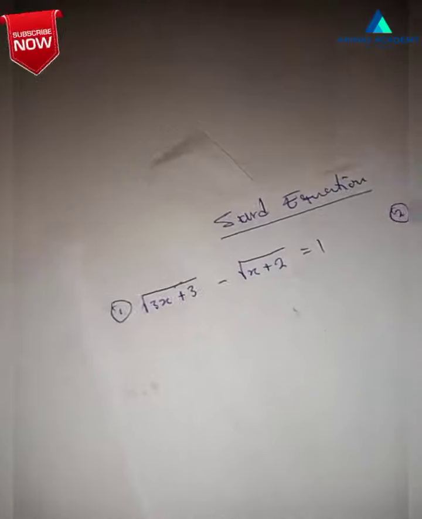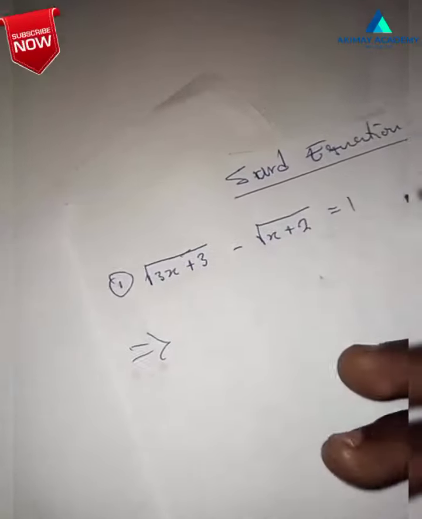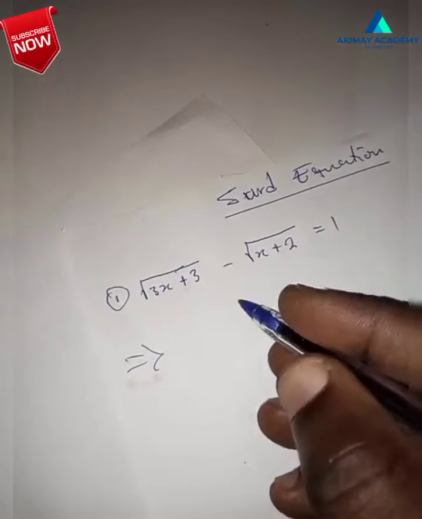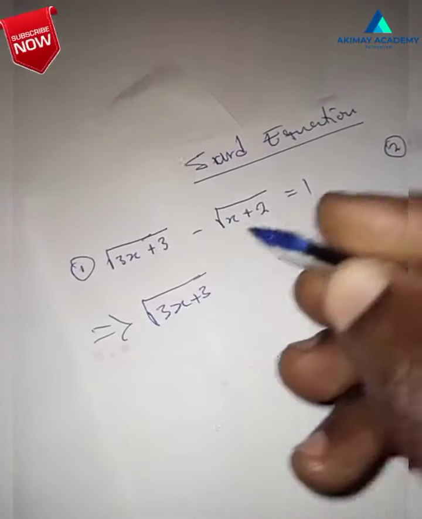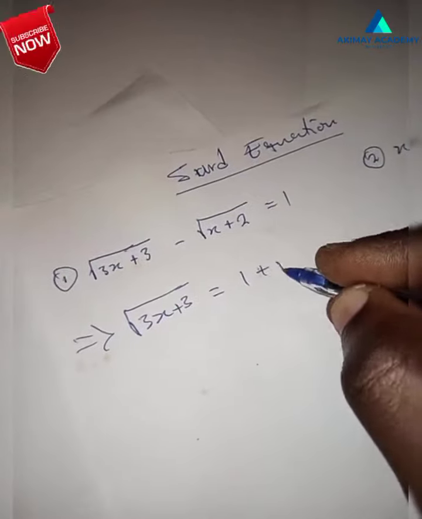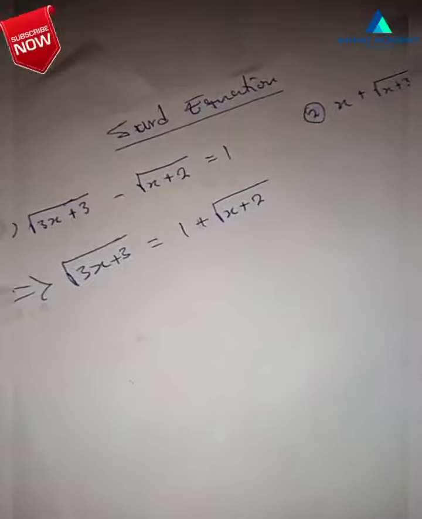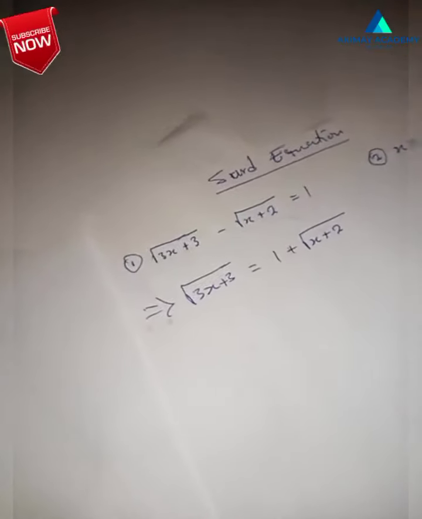Now in this case, let's send this one to the other side. Let's send the minus sign section to the other side. So you may have square root of 3x plus 3 equals 1 plus square root of x plus 2. Nicely written over here. Okay, good.